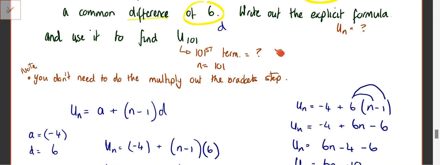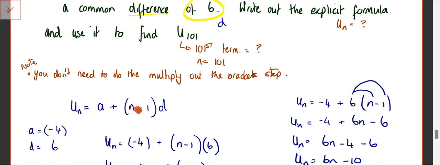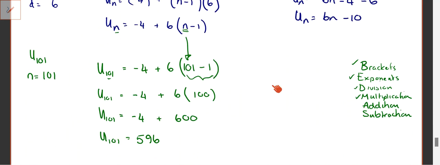Now we are able to just put that into the formula we've been given, but there is another way. We know the first term, U1, is -4, and we know that d is 6. So we can actually write that when n is 1, the number in the sequence is -4.